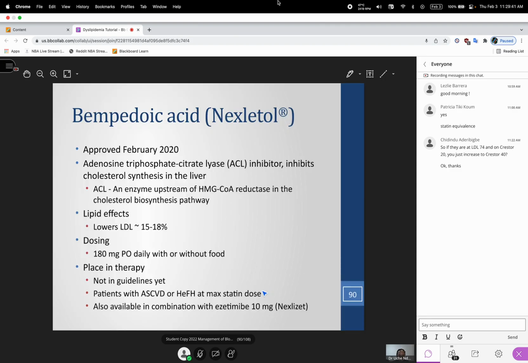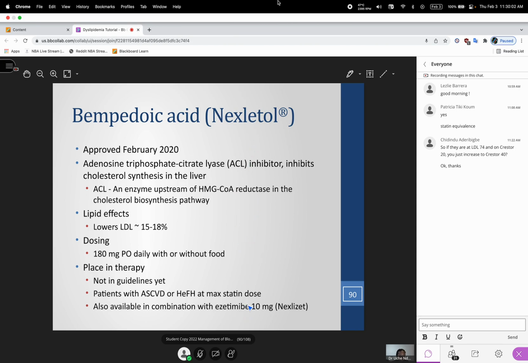There are 2 other new drugs in classes of their own. They have not been added to the guidelines. So you might still see it used, but these are pretty expensive specialty medications. So they are not in the guidelines yet. If I ask you anything about them, I may ask you brand generic.